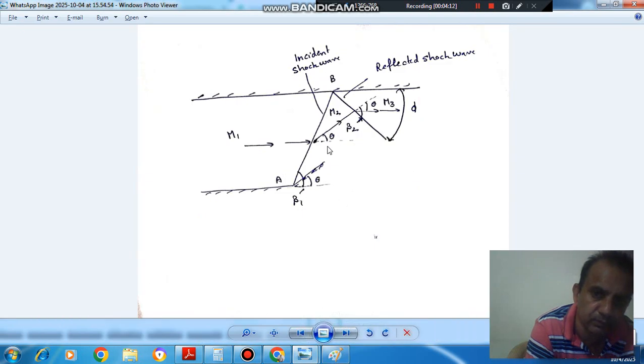So here this is region 2, and the flow gets deflected by an angle theta, and to find out M2 we will take this M1 and this theta and use the oblique shock relation, and to find out beta as well. So here we will apply the oblique shock relation to find out the conditions: pressure, temperature, density, all these conditions, and Mach number in this region.